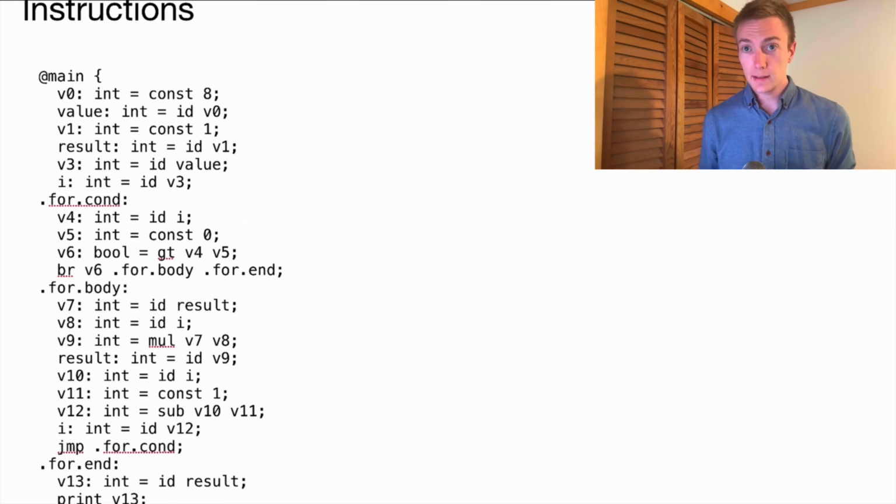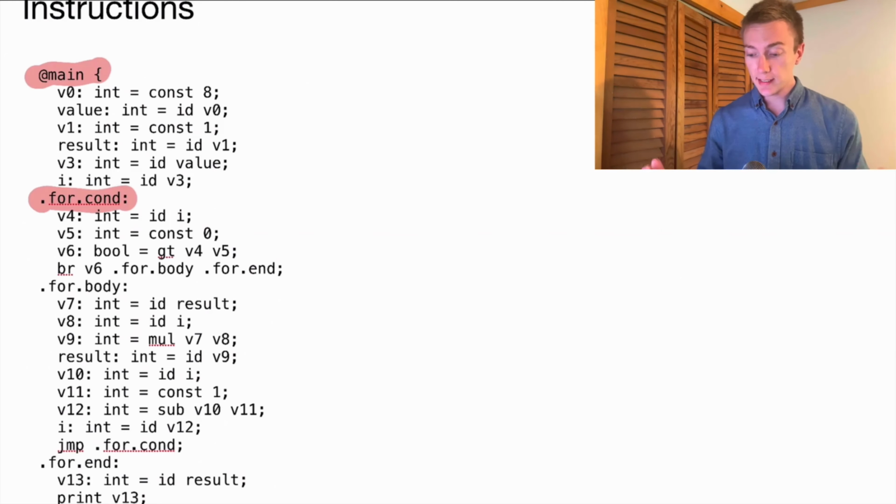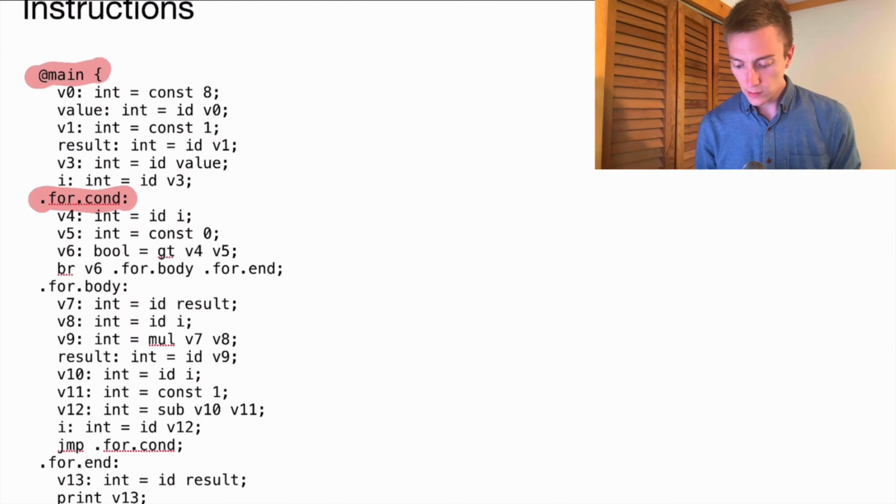The idea is that in this version of the program, in order to represent things, there's not a bunch of different kinds of syntax nodes. There's actually only a few. You can declare functions like this. You can declare labels, which work just like assembly language labels, and then you can run instructions. So these instructions have an extremely simple and regular form. That is, they have a destination, here result.